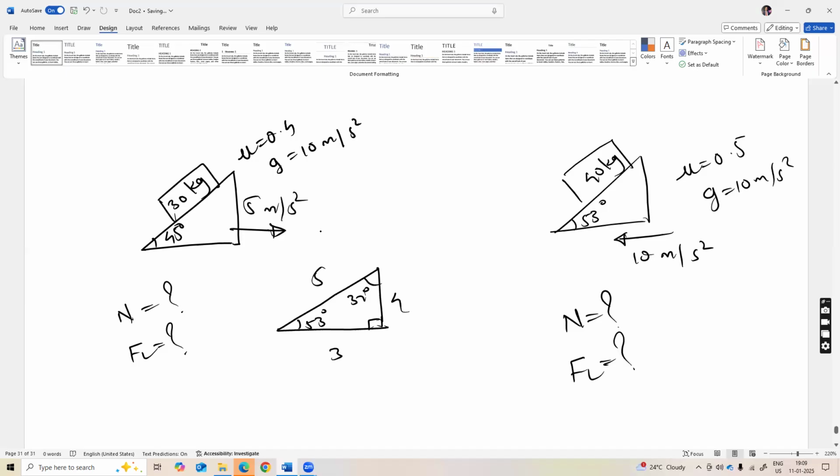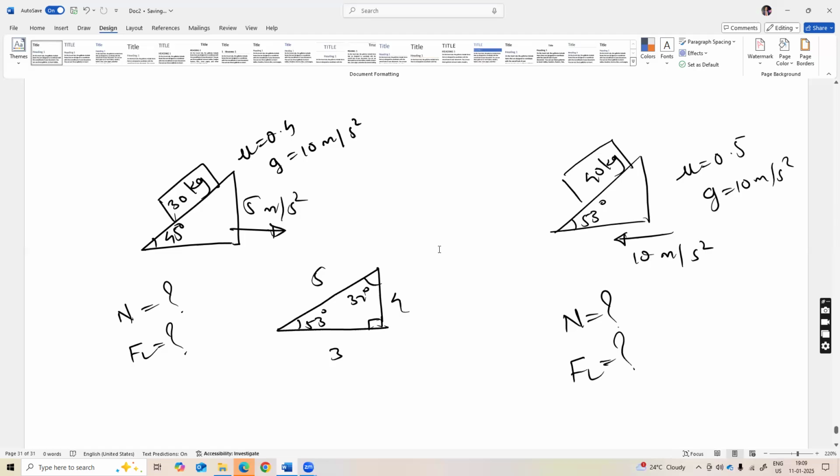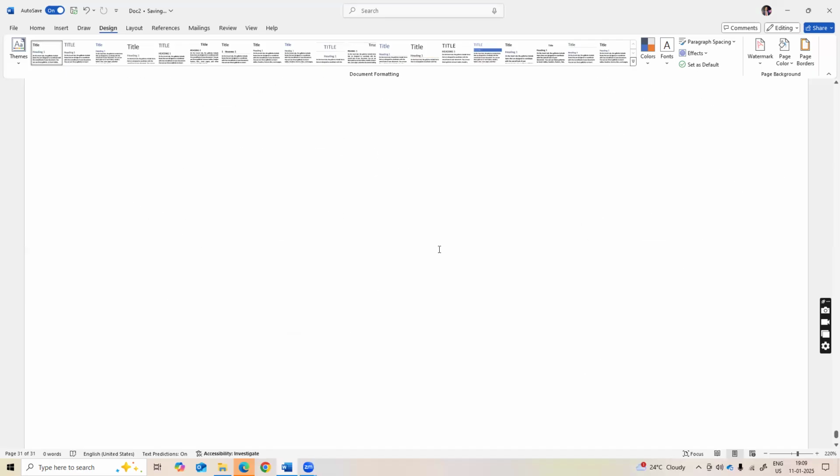No, sir, I did not face difficulty in finding the angles. I found the angle, but somewhere I'm making a calculation mistake, sir. Okay. So now let's say you got the angle. So this is 40 kg.